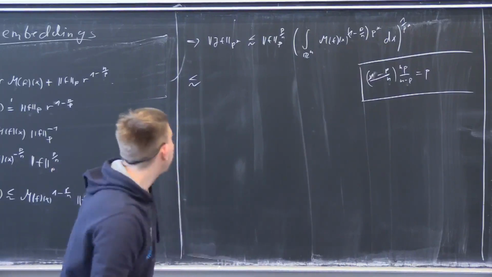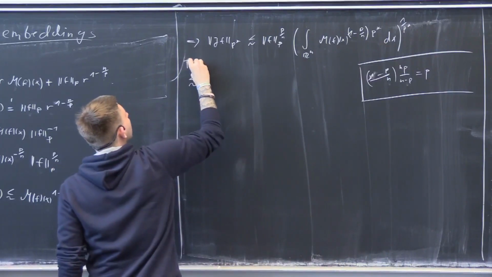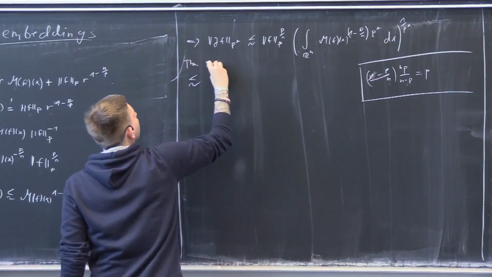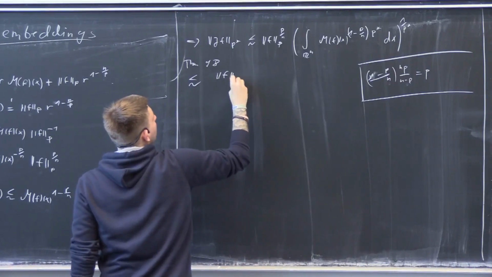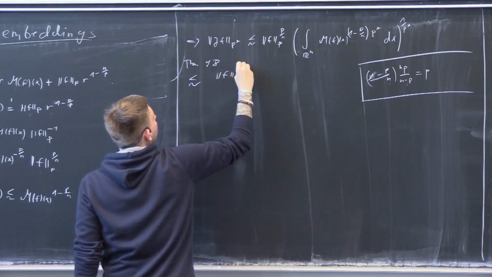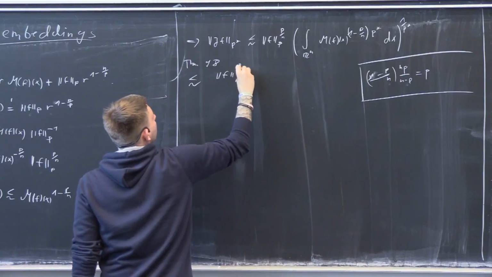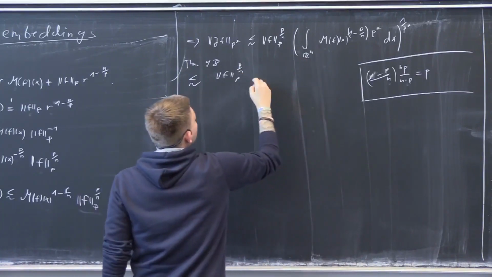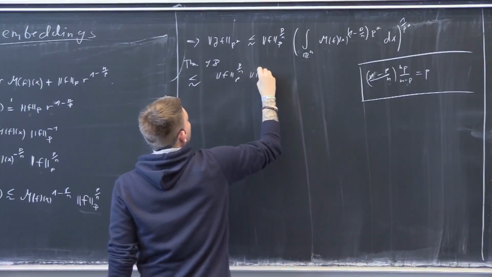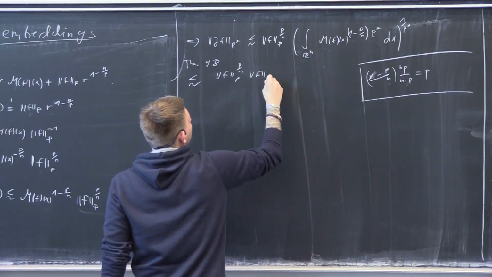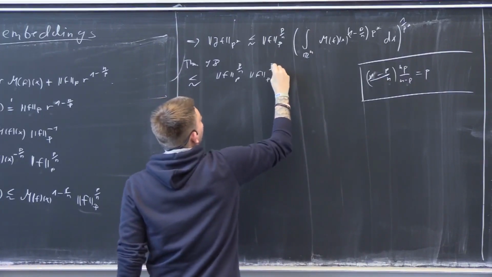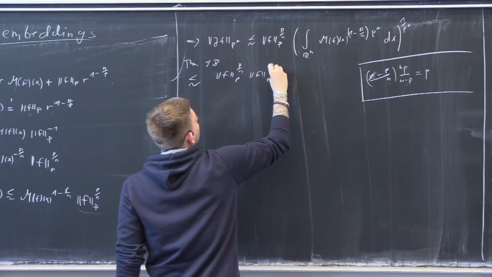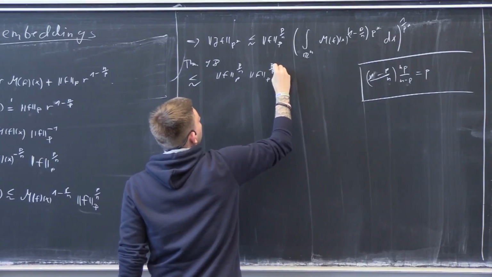So this is Theorem 9.8. This I copy. P over N. Then I get here the P norm of F to the power P over P upper star.